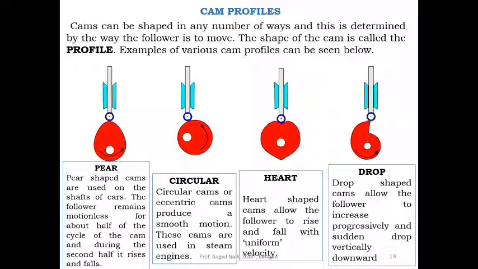So drop shaped cams allow the follower to increase progressively and suddenly drop vertically downward. So the anti-clockwise rotation of the cam will do the needful. Let us see the eccentric cam.